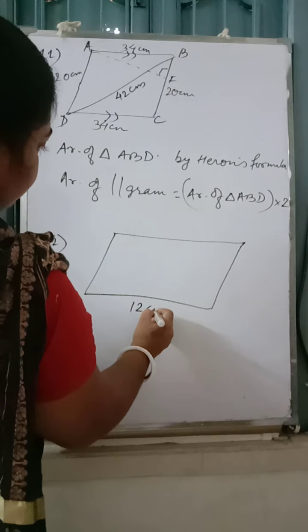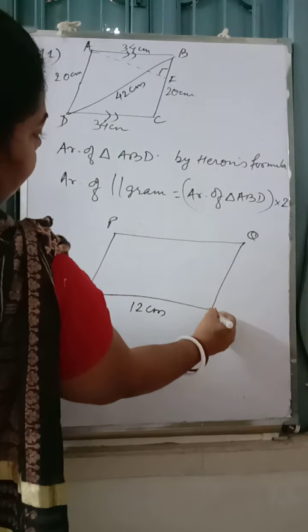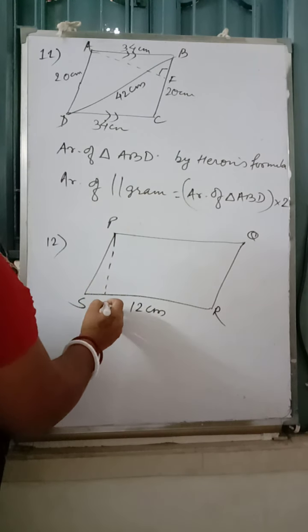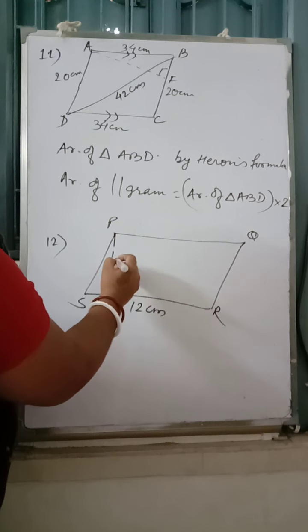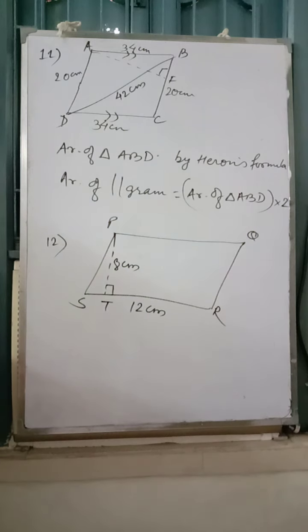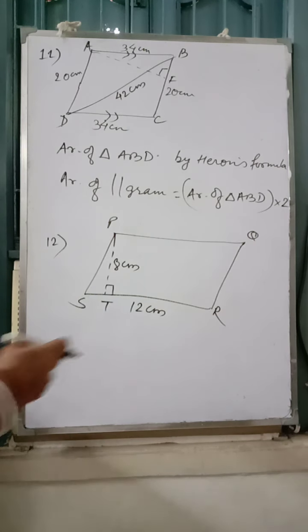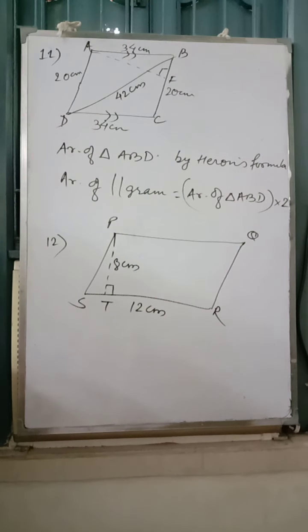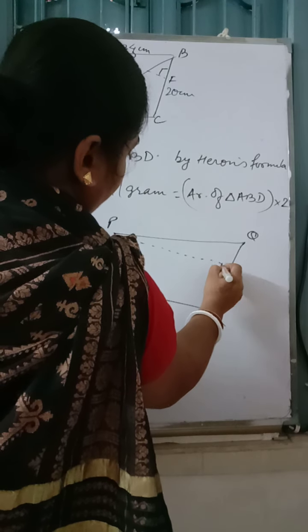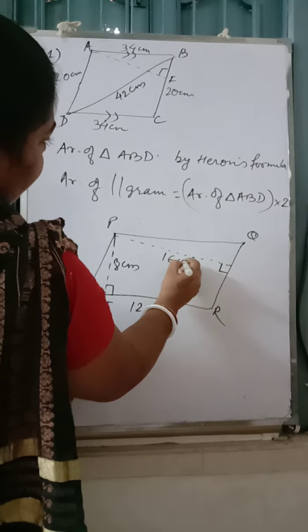This is given, 12 centimeter. Maybe PQRS is a parallelogram where PT is the altitude, or height, which is 8 centimeter. You can get the area of the parallelogram, base into height. Now the second height, which corresponds to the adjacent side, is 16 centimeter.